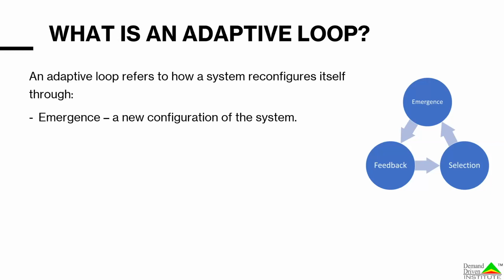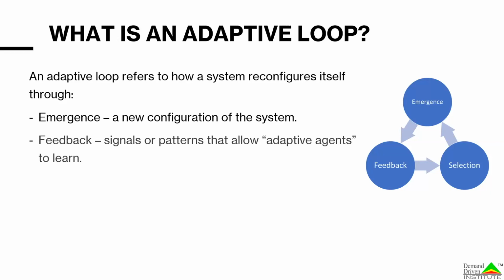There's emergence. Emergence is, let's just say, a new configuration of the system. And the system is defined with boundaries, typically. It could be an organization, it could be a function, it could be a supply chain, it could be a geography. Now, the next thing is, once I have a configuration of the system, I have to have feedback for that configuration, which means I've got to have signals or patterns that tell me how that configuration is performing.